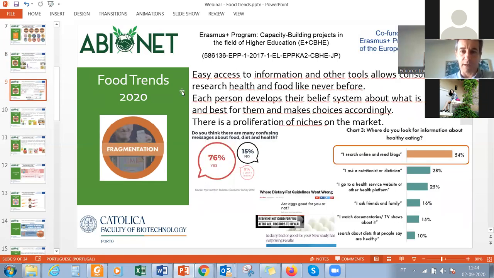The fragmentation is that people have access to so much information that when they are asked whether they know what is the best food for their diet and their health, most people say they are confused.